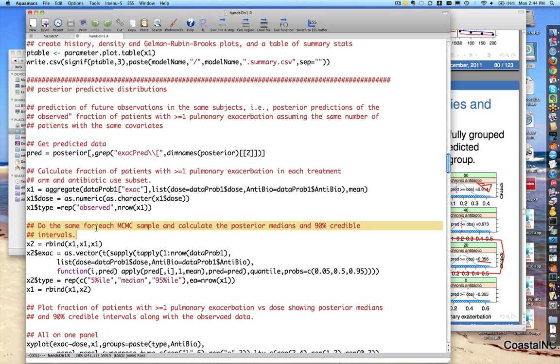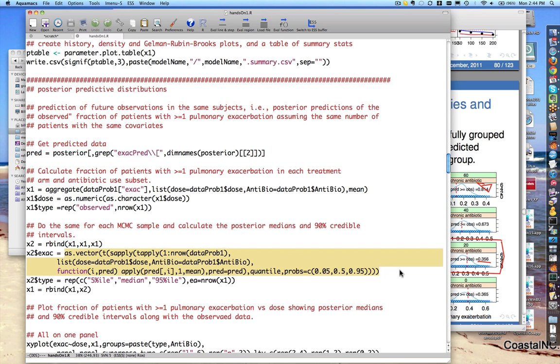And then sort of all in one go, I do that, and also I use the quantile function you see here to generate the 5th, 50th, and 95th percentiles of that. So that's the way I get my posterior medians and my 90% credible interval. And again, that's all done inside this one statement right here.